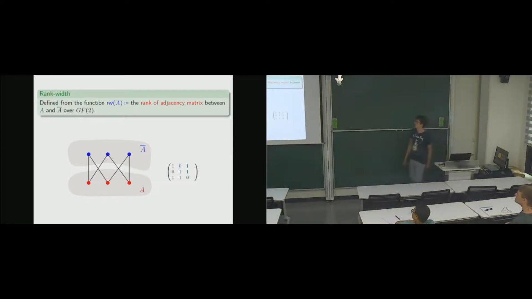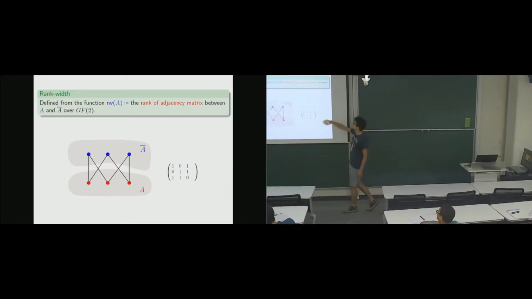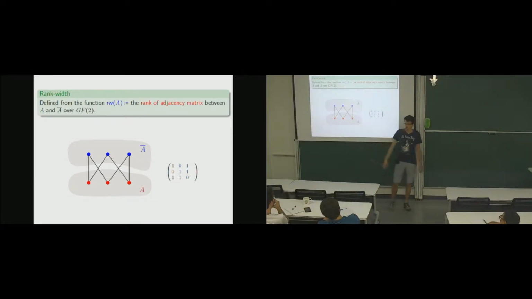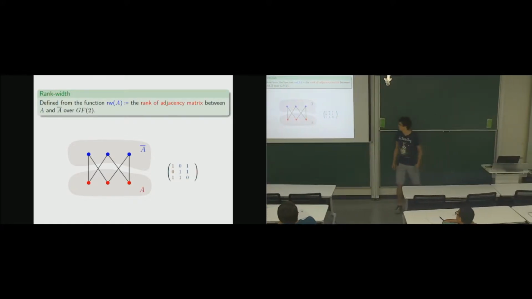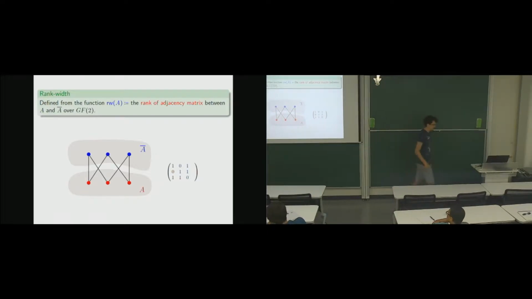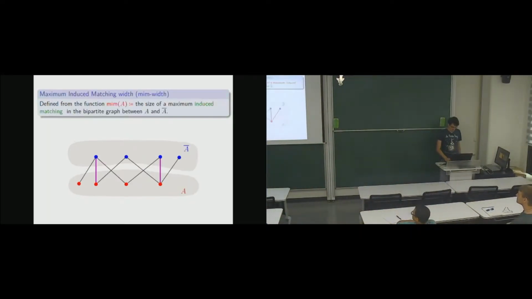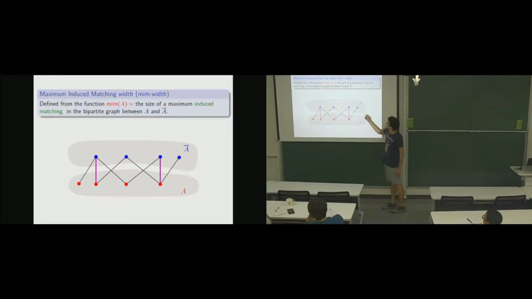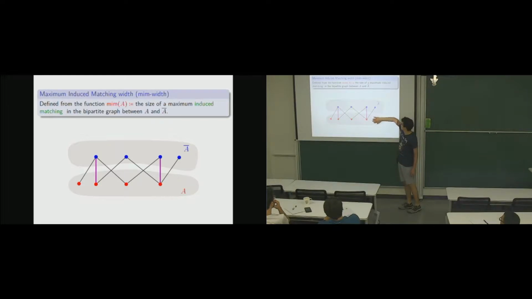Rank-width. Here we take the rank of the adjacency matrix between the cuts, right? In this example it's 2. And the maximum induced matching width, which is called mim-width. We take the size of a maximum induced matching between A and the complement.